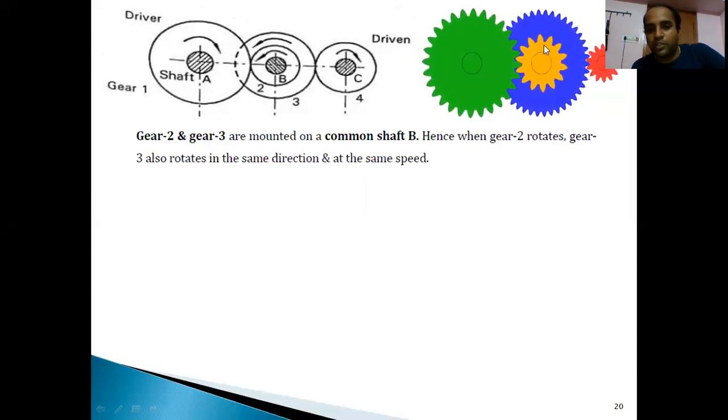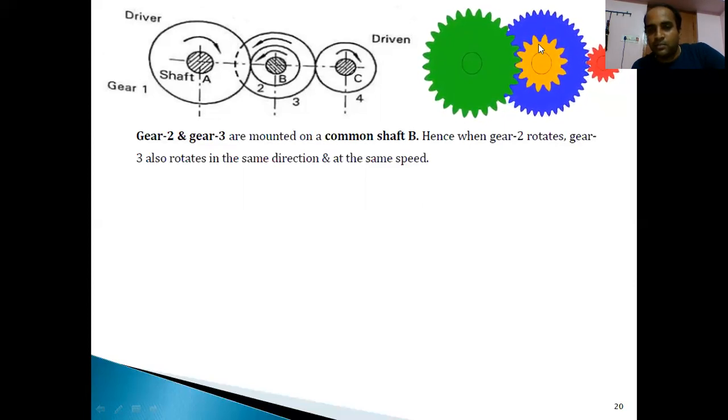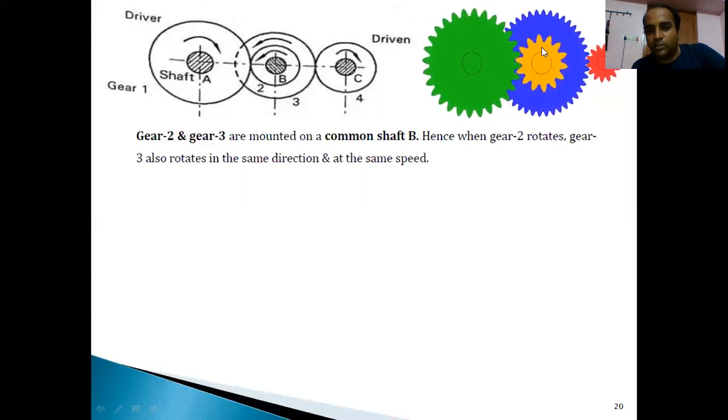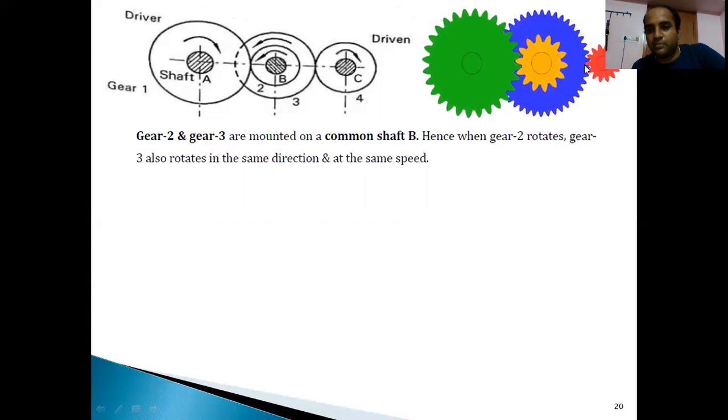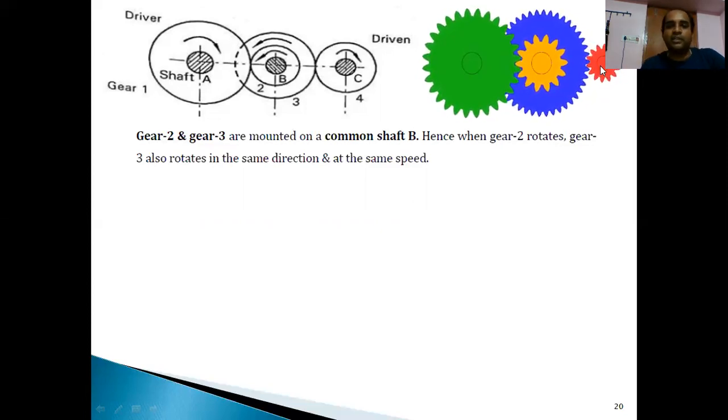If you observe both these gears, they are mounted on the same shaft itself, that is B itself. They are rotating with the same speed, both the yellow colored gear and the blue colored gear. But if you observe, the number of teeth is different. And this third gear is meshing with the final gear, the driven gear.